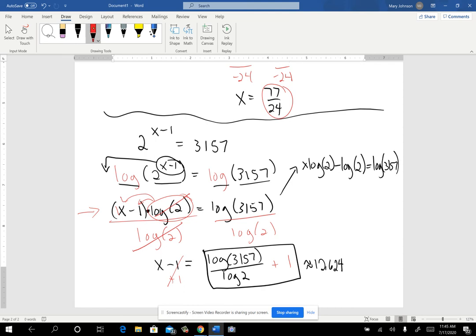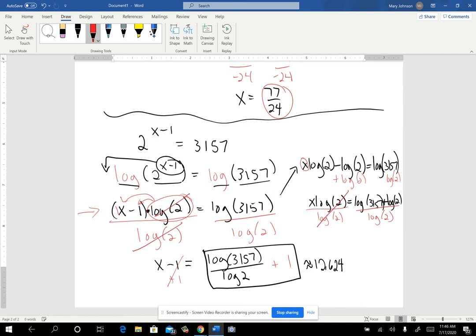And then the x is what you're trying to get by itself. So you would add log of 2 to both sides, but you don't put the 2 with the 3157. That would just be x log of 2 equaling log of that 3157, close the parenthesis, plus log of 2. And then finally, you could divide both sides by the log of 2.